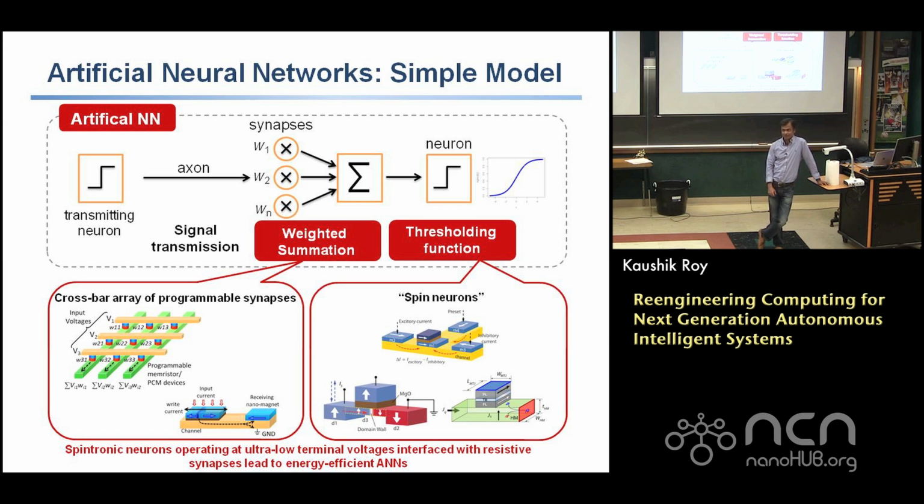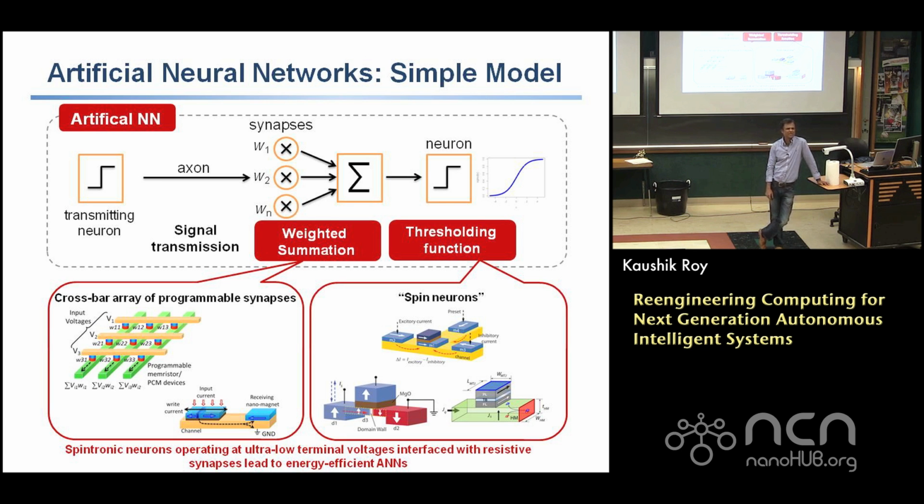So I talked about computation in the memory itself. And if I were to really implement a neural network now, I'm going to have a crossbar like this, which is going to do the weighted summation operation. And I need a neuron right here, which can be one of these devices, and which can implement, let's say, this functionality. I'm not going to go into any details, but this particular functionality, which is like a sigmoid function, I can actually have as a stochastic sigmoid function.